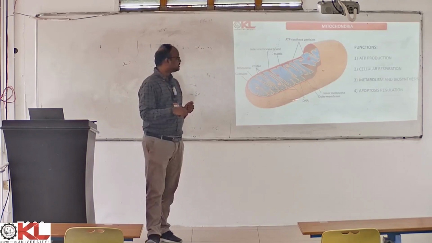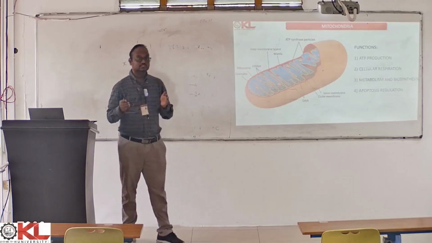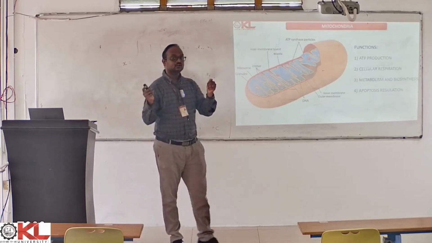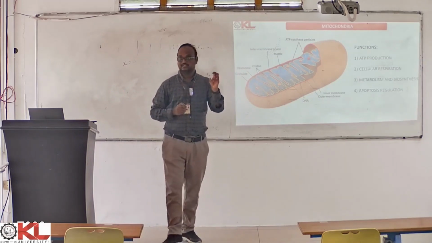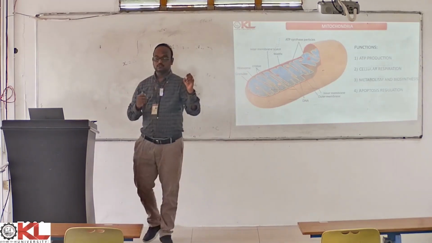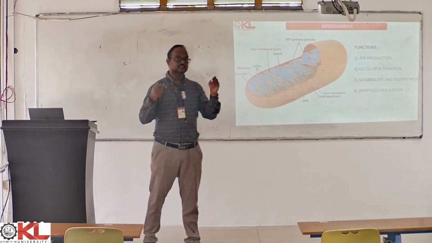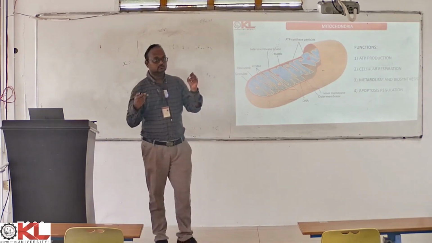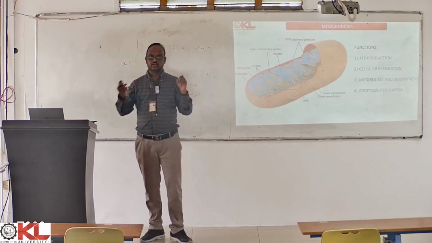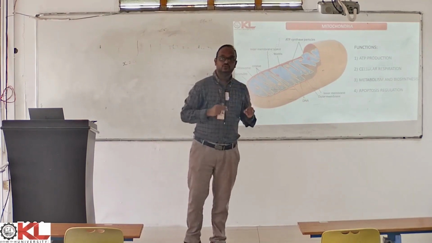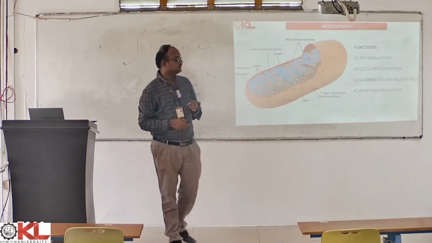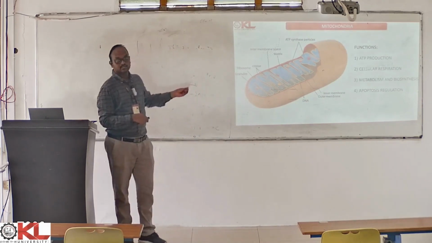Why? Because when there is a fusion between egg and sperm, you have the mitochondria inside the egg or ova, but you do not have any mitochondria inside the sperm. Even though there are mitochondria, only the genetic material is transferred into the ova, but not the mitochondria.